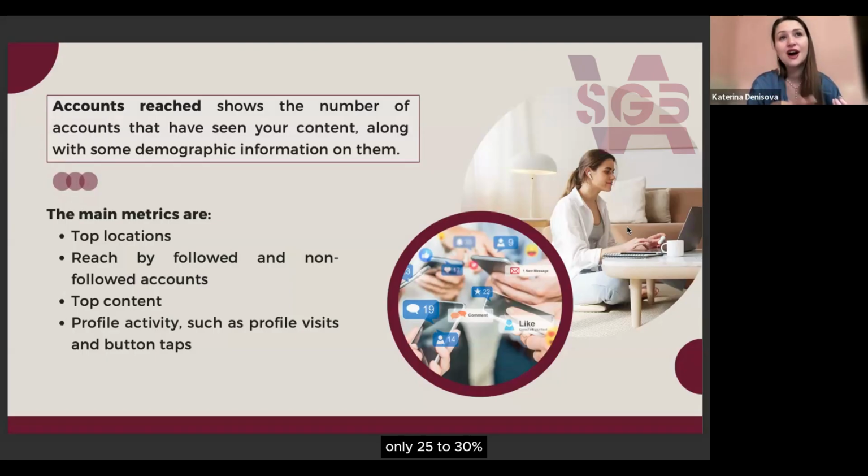Only 25 to 30% in a good account will see the post published by the account. It means that accounts reached nowadays are always a smaller number than the amount of followers the account has. But like 7 years ago, when Instagram was at its beginnings, we always had 100% reach.